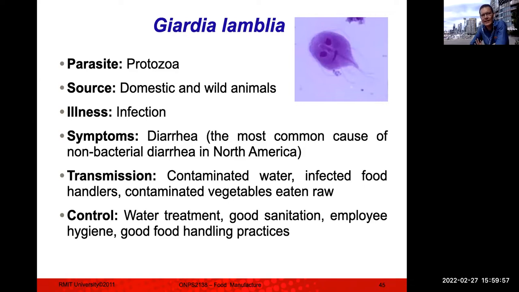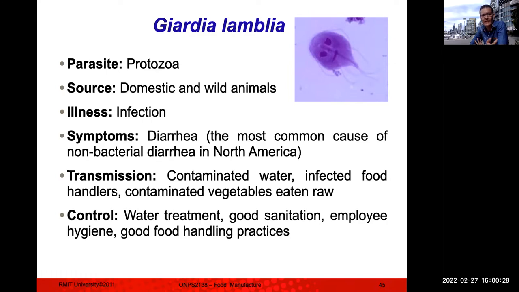Giardia is one of the most widespread, or at least commonly known. And my mind goes back to the late 1990s, where there was a significant waterborne outbreak in Sydney. The important aspect of this is that its source is animals, so domestic and wild animals, and it can go into the water supply.